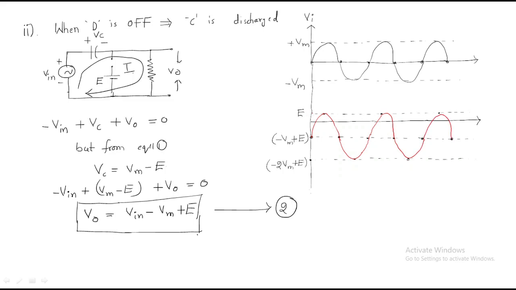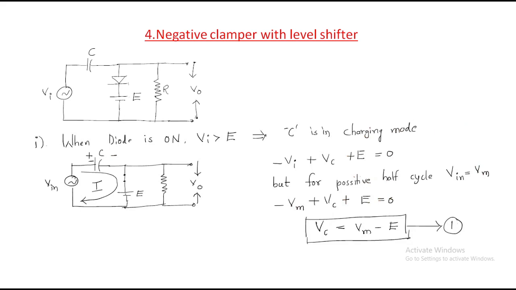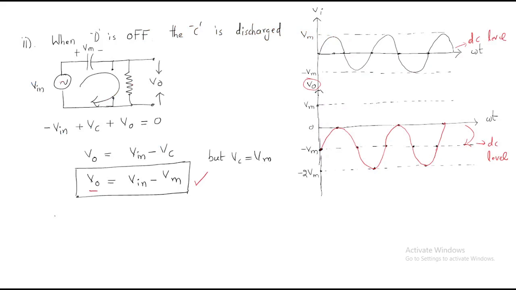Now the shifting will be positive E. If you observe here, the shifting is plus E. Why plus E? We are connecting only plus E here.